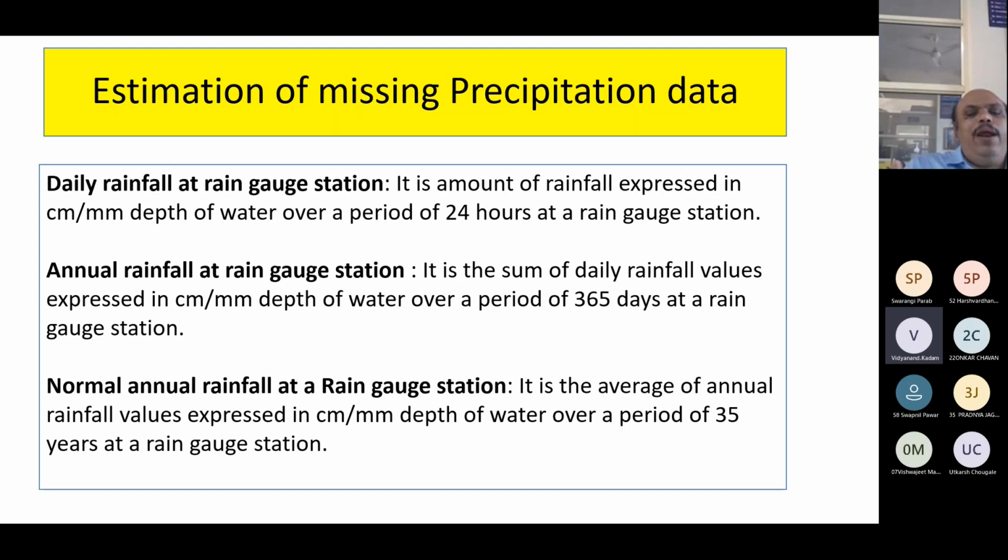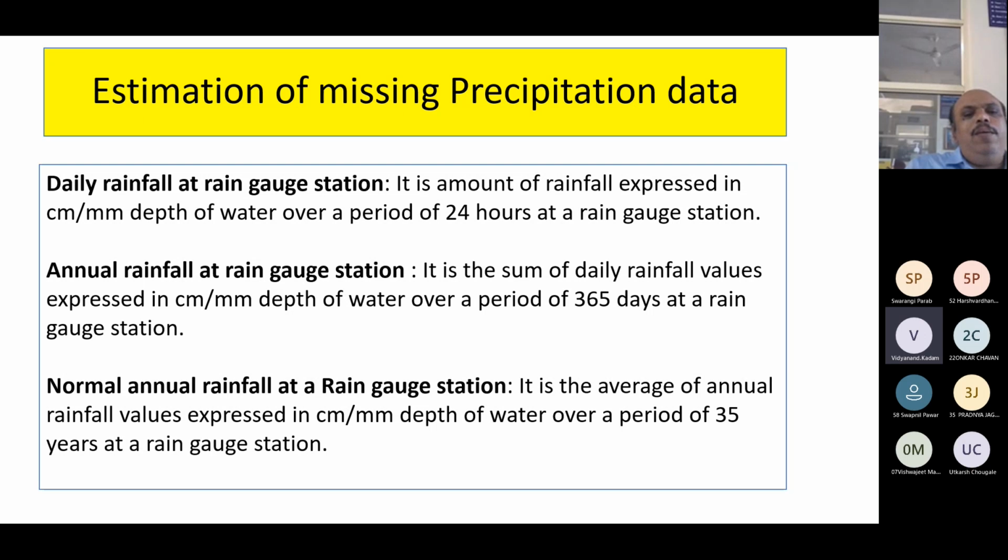If we have a record of daily rainfall values for a year, then we simply add all these values. When we add all daily rainfall values for 365 days, the resulting summation is the annual rainfall at a rain gauge station. Is it clear what daily rainfall and annual rainfall are?